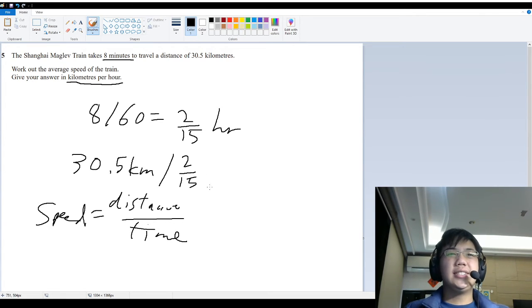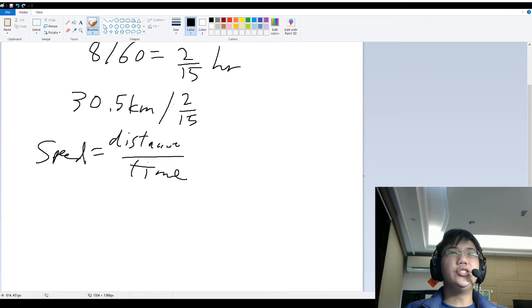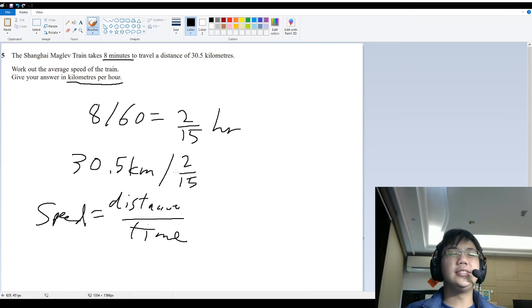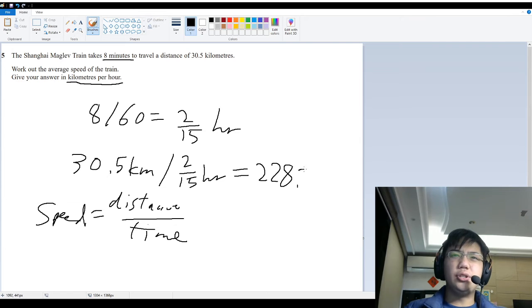So since speed is distance over time, we use this to figure out the speed. If you put this into your calculator, you'd get the answer 228.75 kilometers per hour approximately.